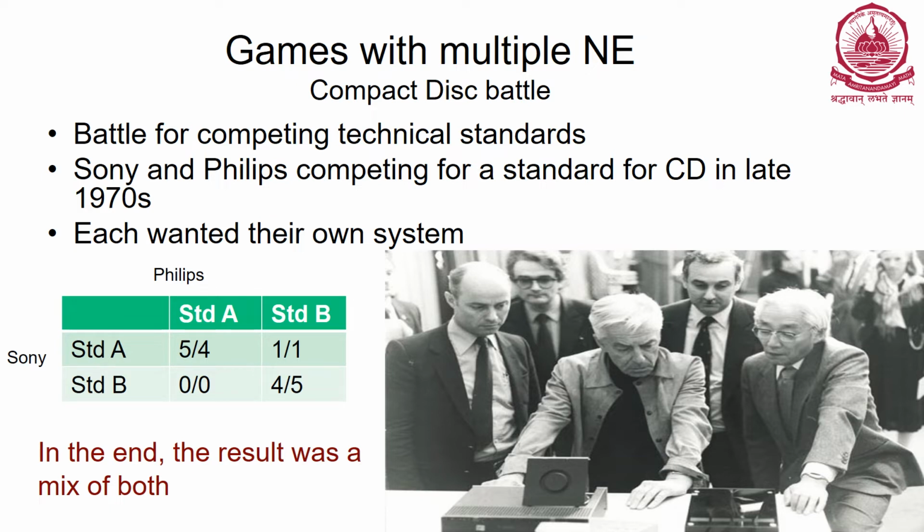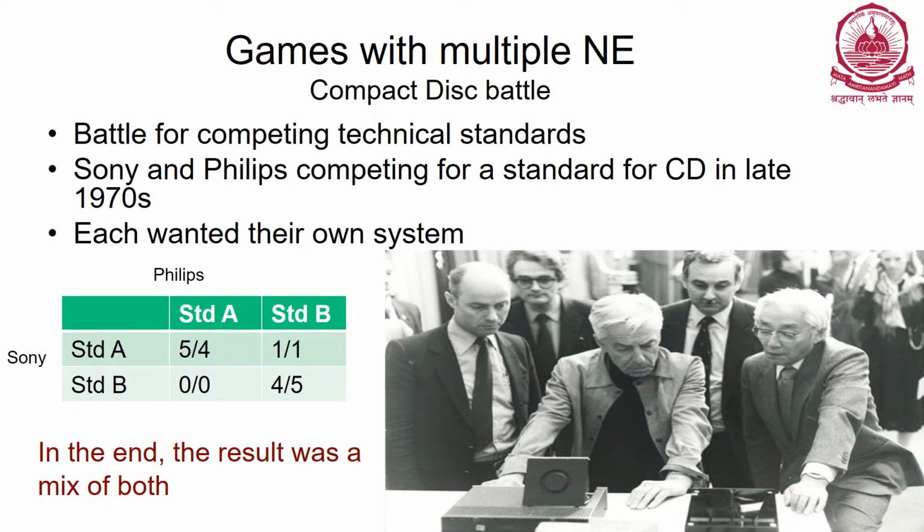Now what about standard A and B? Since each one is using their own standard, Sony uses standard A, Philips uses standard B, that leads to 1,1. Now what about the reverse? That means Sony uses Philips' standard and Philips uses Sony's standard. This is very unlikely to happen. If that happens, we assume no benefit.